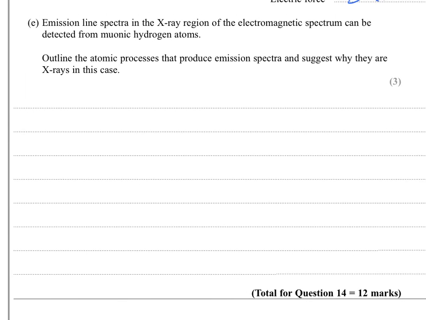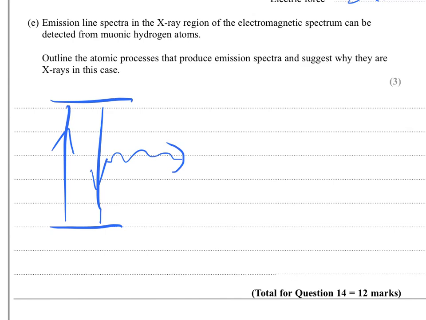So you would need to talk about energy levels and excitation and return, and the idea that photons come out when that happens, and that the size of that gap is what gives that photon its energy. And so if these photons are coming out as X-rays, then these gaps must be extremely big in the muonic hydrogen. So you just need to go through that process of explaining those things.